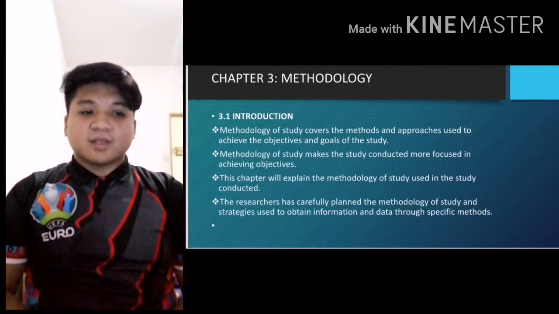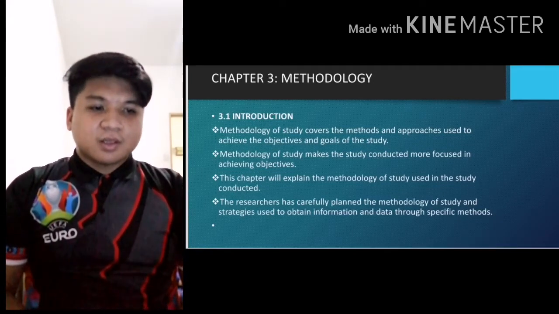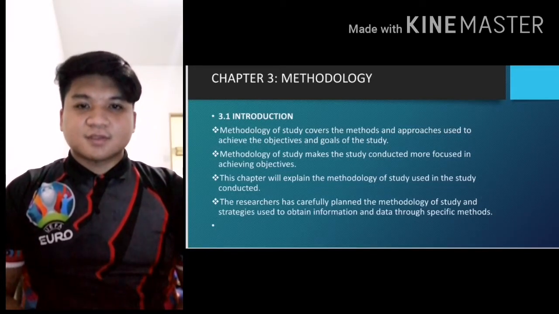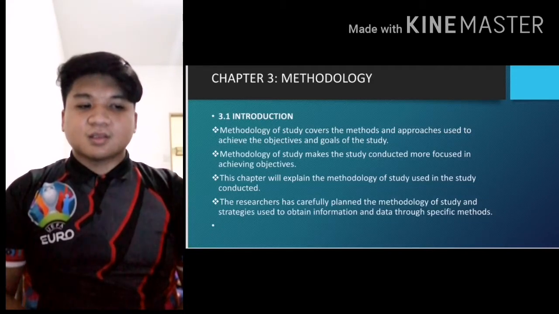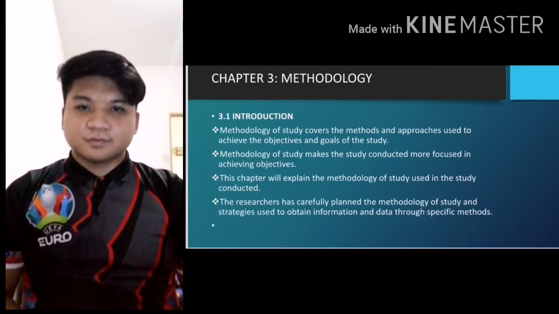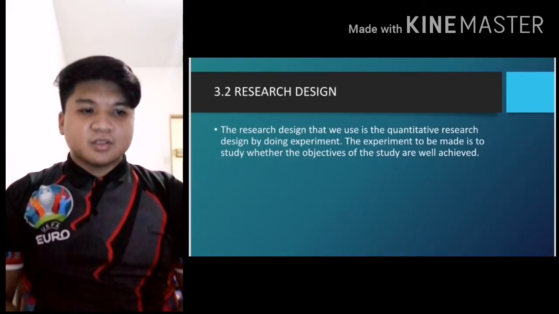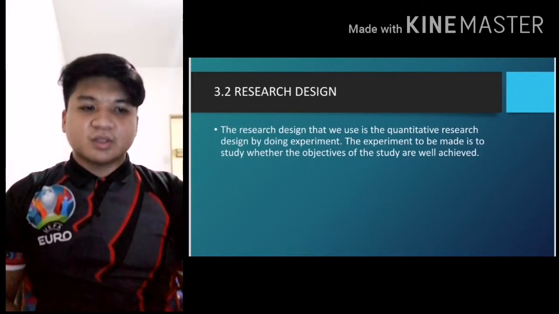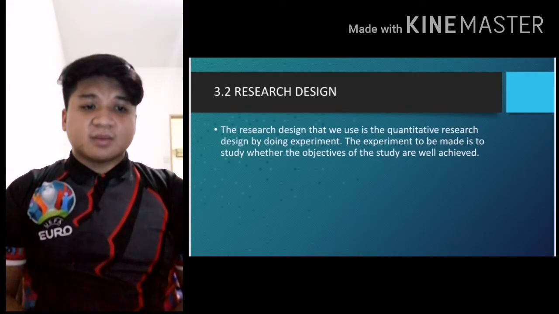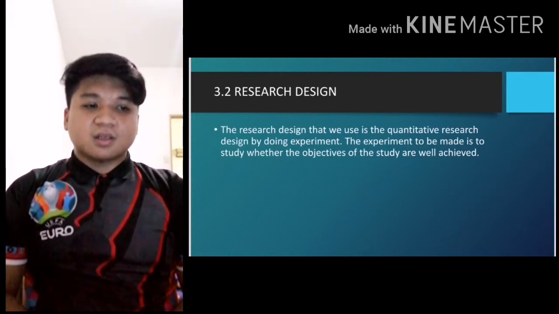This chapter will explain the methodology used, and the researchers have carefully planned the methodology and strategies used to obtain information and data through specific methods. The research design that we use is the quantitative research design by doing experiments. The experiment is to study whether the objectives of the study are well achieved.